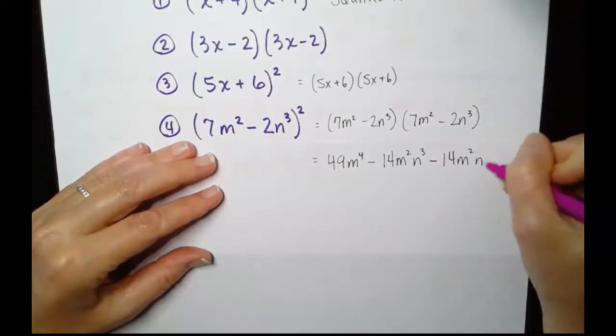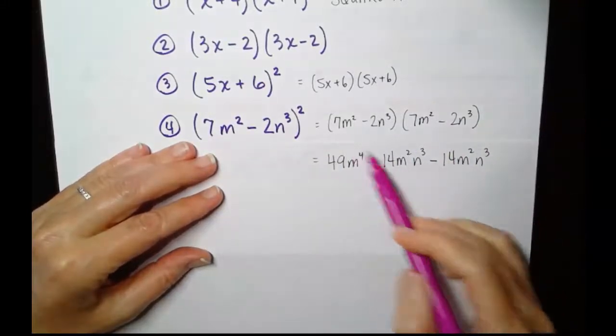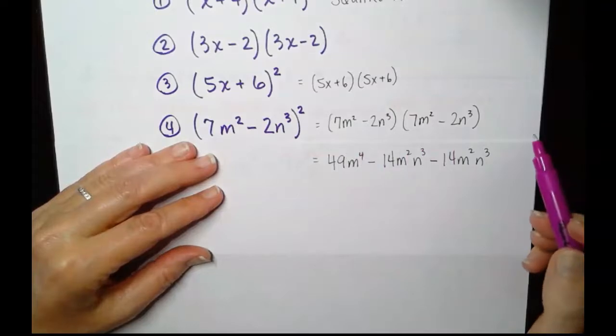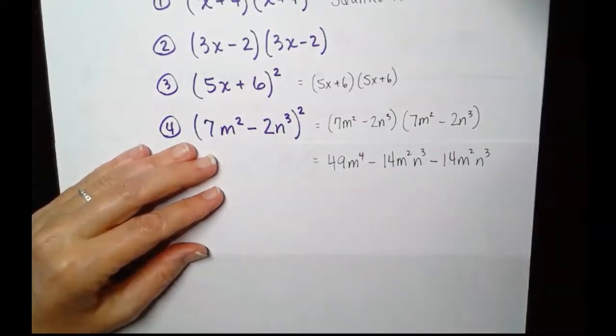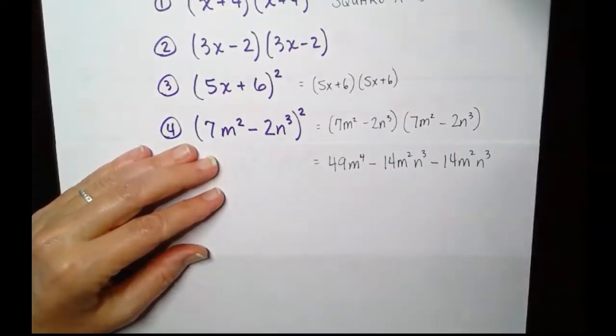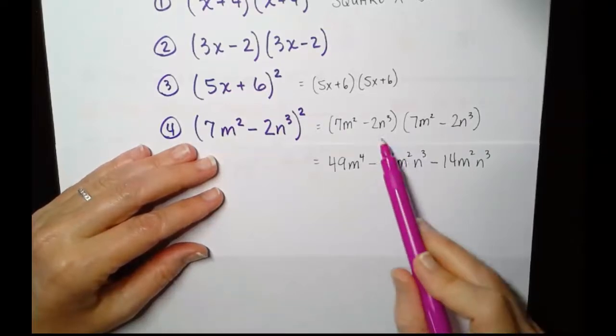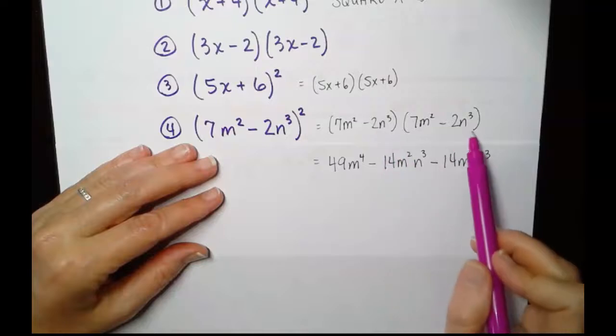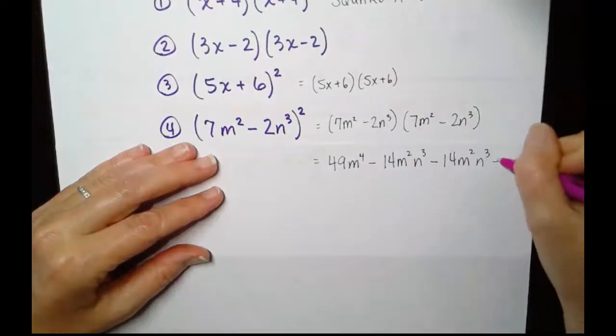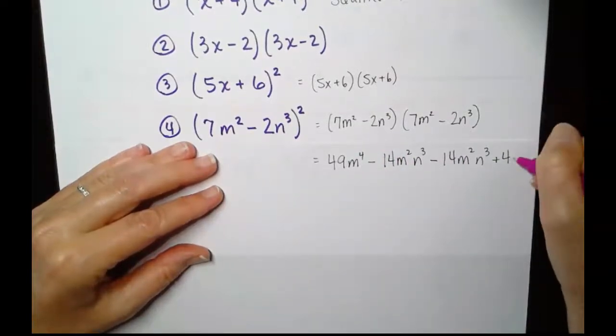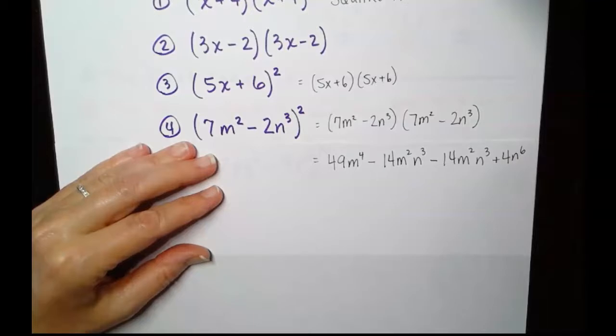Insides, negative 2n cubed times 7m squared is negative 14m squared n cubed. Notice on both the outers and the inners, we do not add the exponents together. We only add the exponents when we're multiplying and the bases are the same, like the last sides. Negative 2n cubed times negative 2n cubed is plus 4n to the sixth.